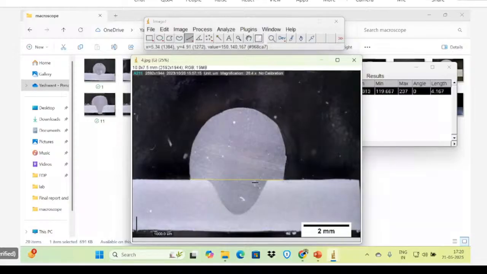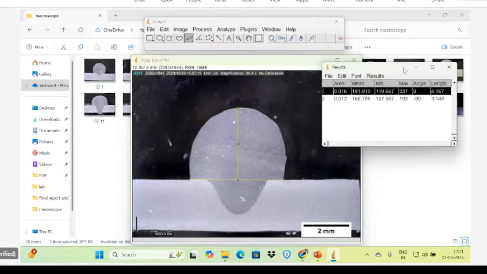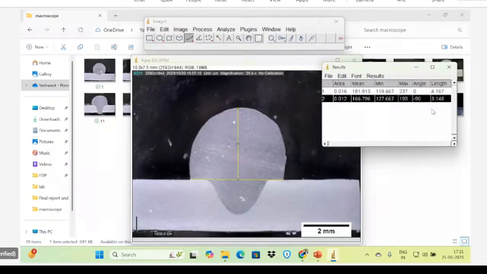You can see. So now I can measure the reinforcement height. So the maximum height we can take. So this is the maximum height, suppose. So Control M again I will press, and then you will know what the height is. That is 3.148 mm, the reinforcement height.